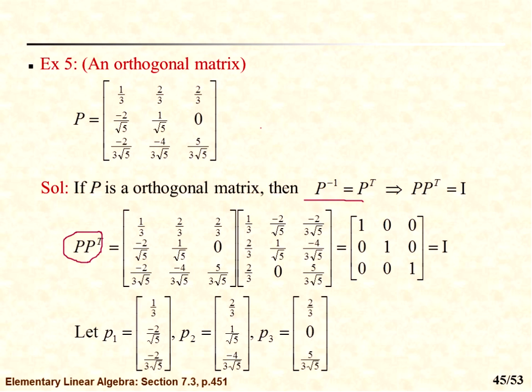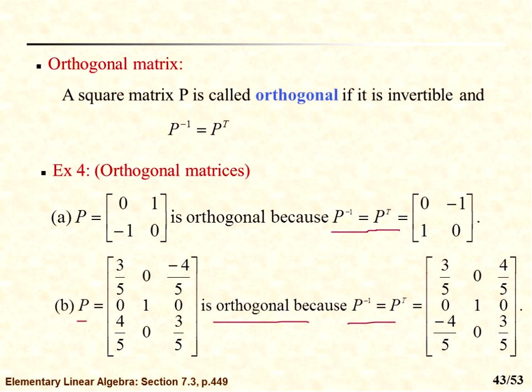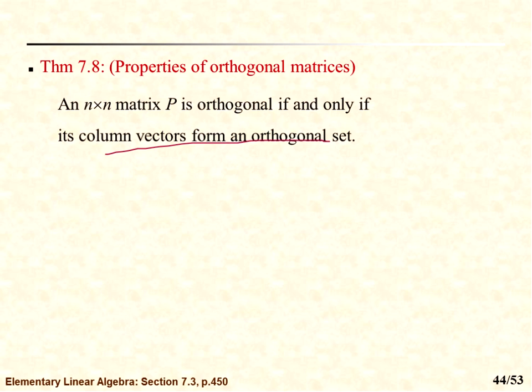So first we write the matrix P, and secondly we write the transpose of the matrix, P transpose. Here the first row becomes the first column, the second row becomes the second column, and the third row becomes the third column.